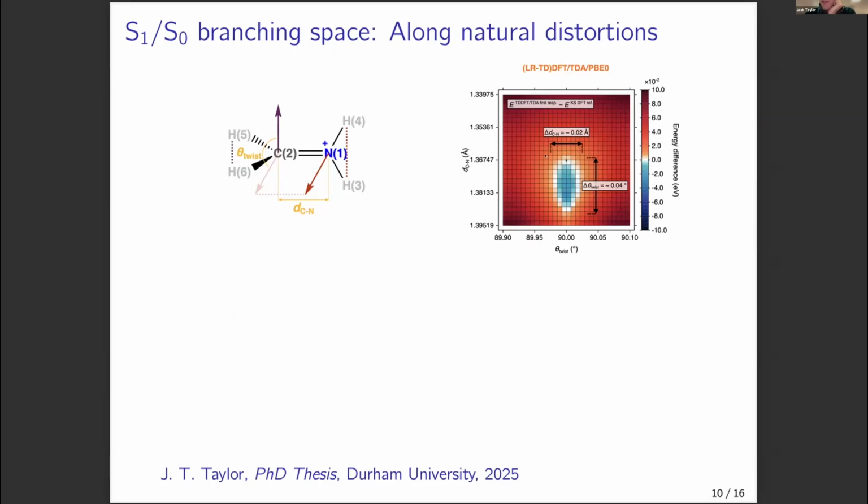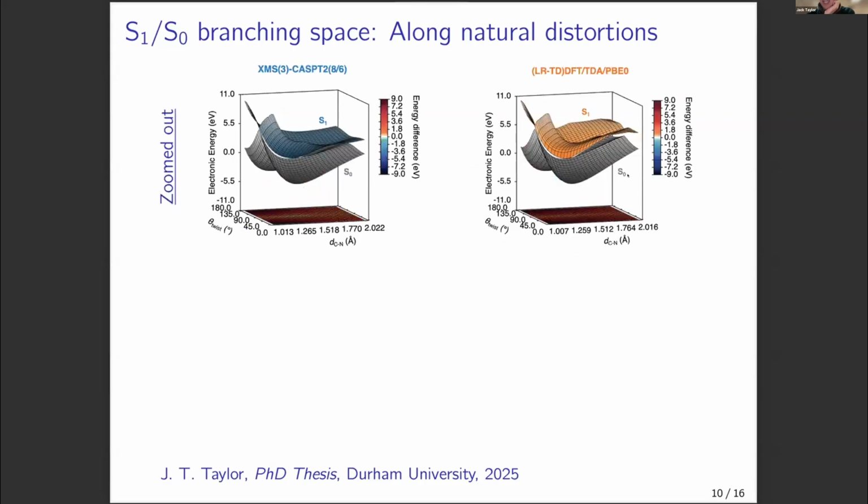And we see we reproduce the intersection ring quite well, and that it is confined to a reasonably small region in configuration space, 0.02 angstrom by 0.04 degrees. So this point, the localized nature of this intersection ring, can be hammered home if we instead plot, say, the absolute potential energy surfaces.